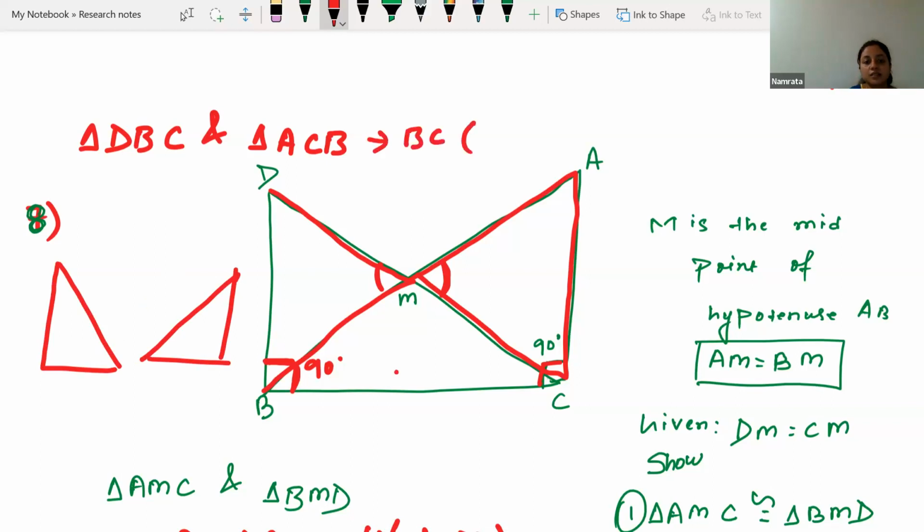Yes. Can you see BC is common in both the triangles? Are you able to get it? Common side. What else is the same?